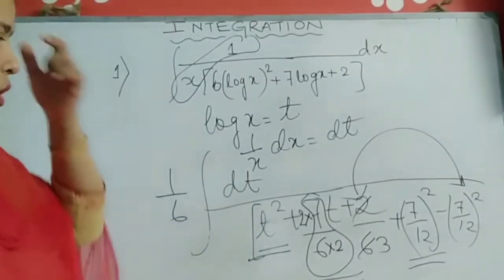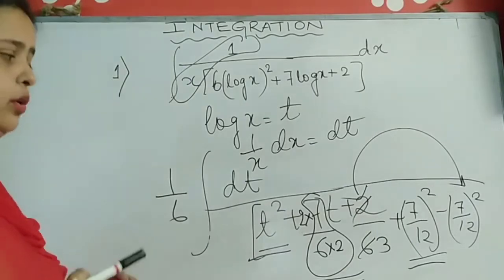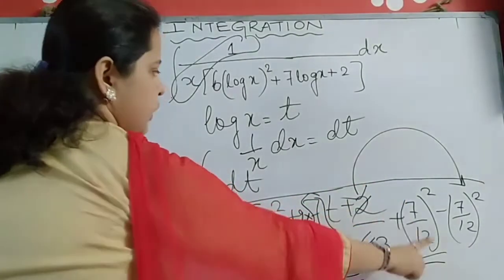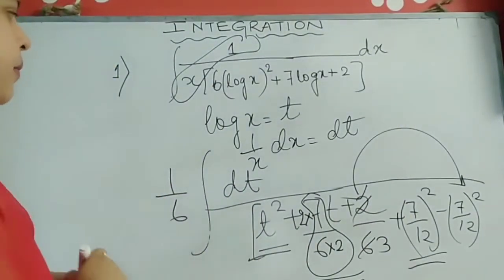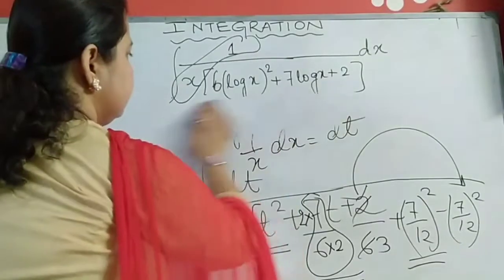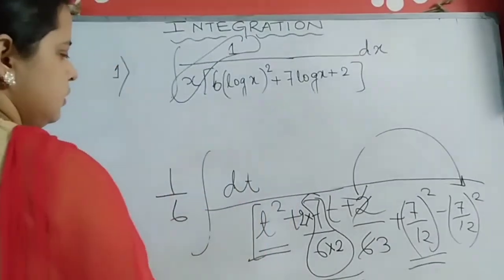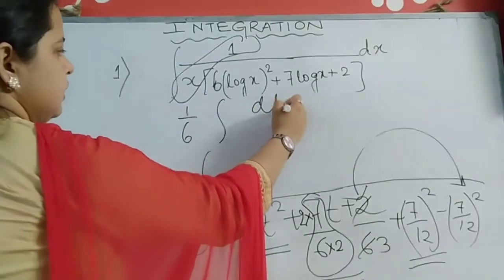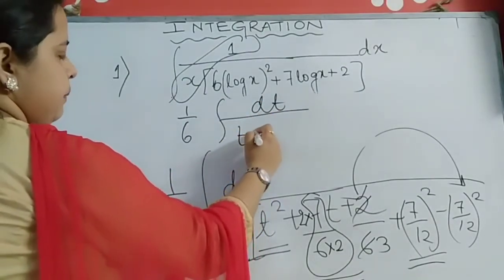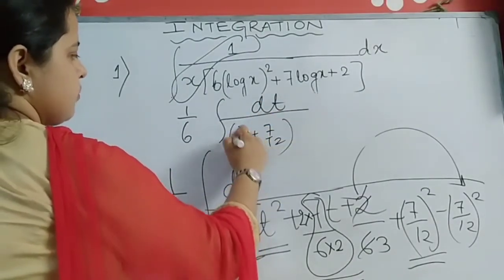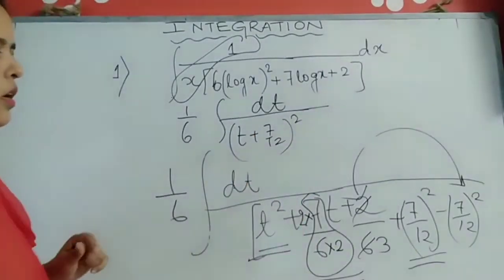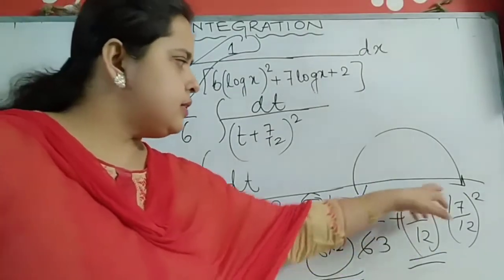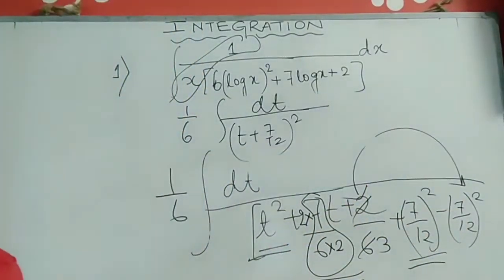Okay, so now I have an a plus b whole square thing. What is it? a plus b, where b is 7 by 12. So I am writing here 1 by 6 integration of dt over (t plus 7 by 12) whole square plus, now this is what? 1 by 3 minus 49 by 144.